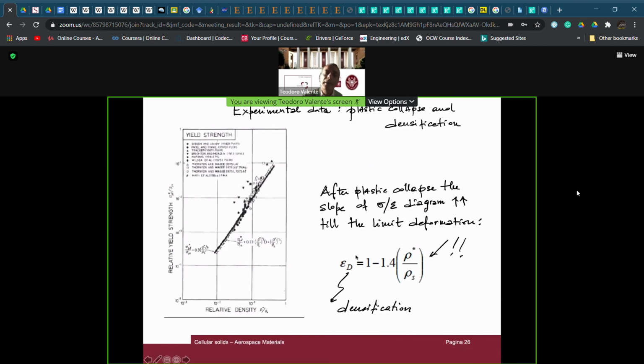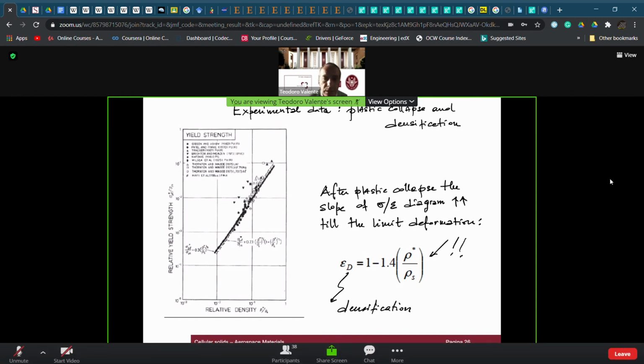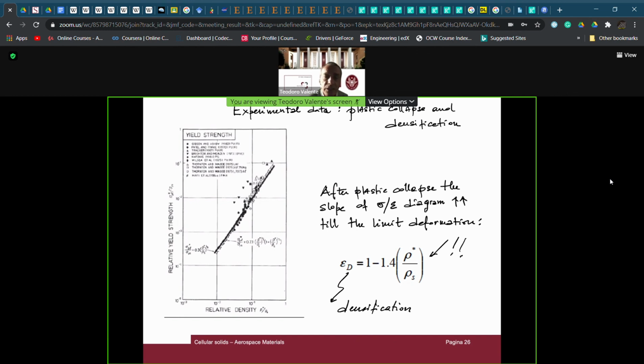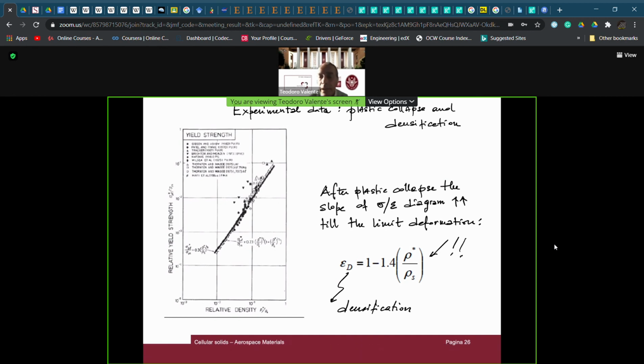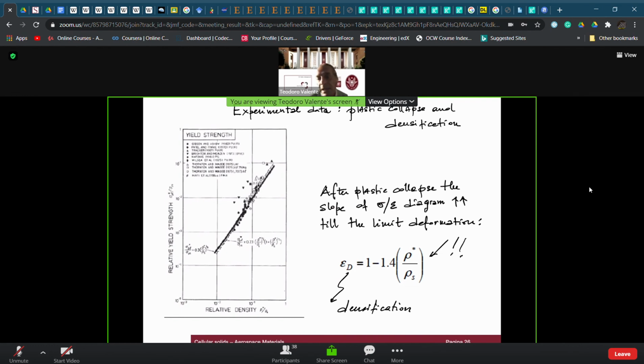In most cases, referred to practical applications, the densification strain has a very simple formulation: 1 minus 1.4 multiplied by the ratio between the two mass densities, the mass density of the cellular solid and the mass density of the corresponding bulk material.